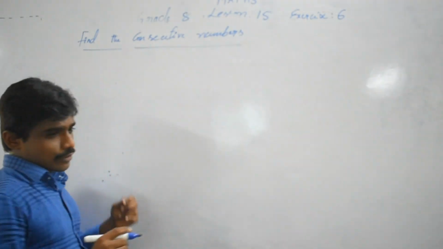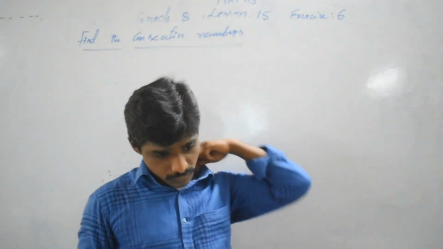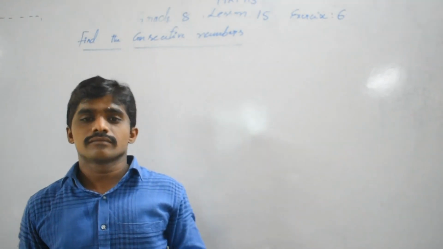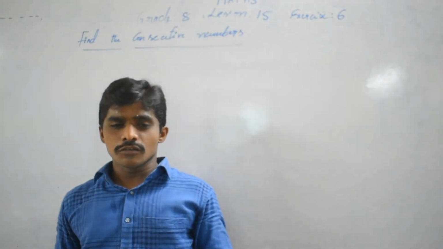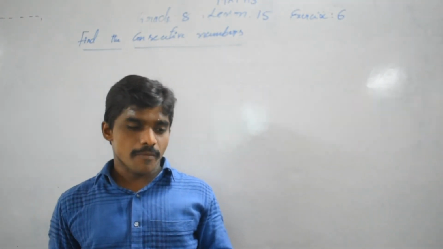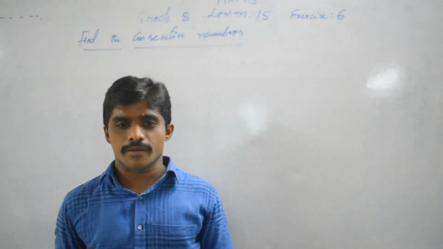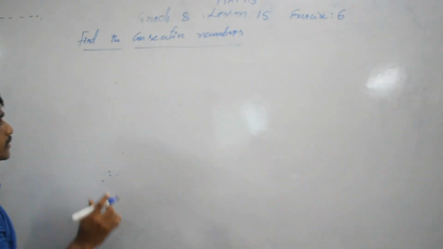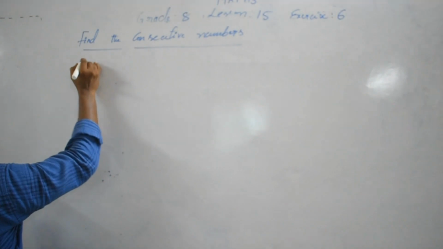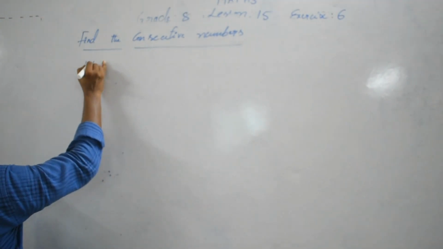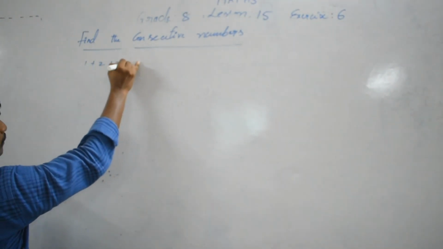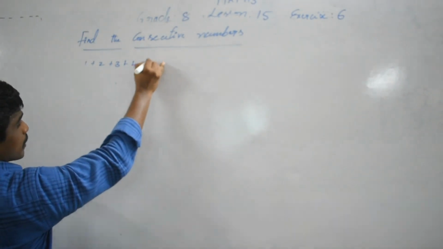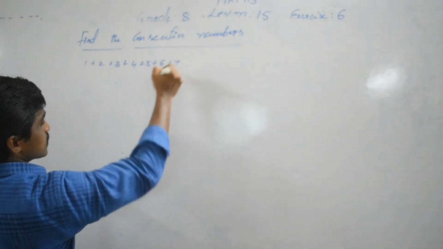See, now we know 1 to 100 consecutive numbers. Sum of the 1 to 100 consecutive numbers. Like here see, 1 plus 2 plus 3 plus 4 plus 5 plus 6 plus 7.